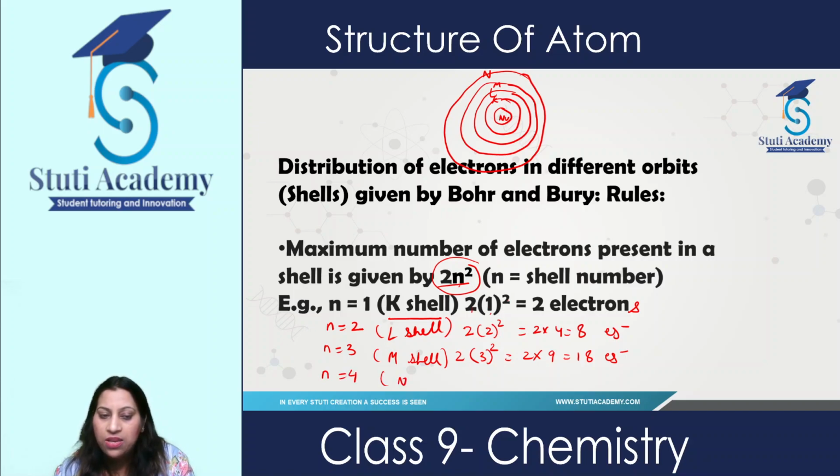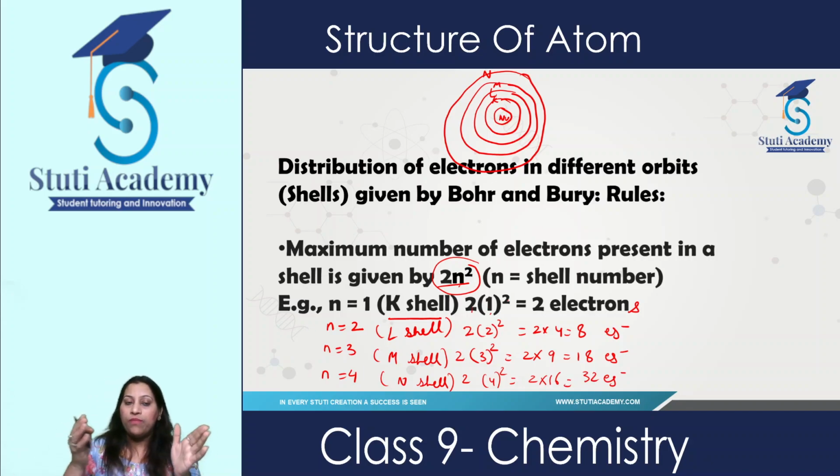This is N shell. So here we are talking about N shell, and 2 into 4 square is equal to 32 electrons. So now from this formula we can say that in K shell 2 electrons can come, in L shell 8 electrons, in M shell 18 electrons, and in N shell 32 electrons can come.